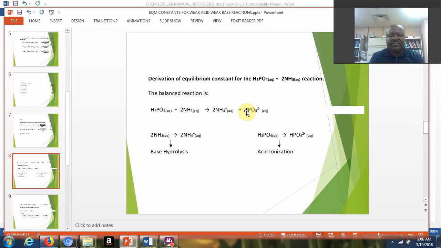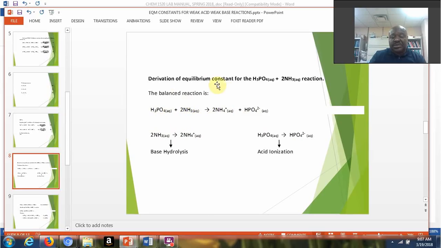Let me say that again. Whenever you're going down in the number of H's, the ionizable protons, as you go from reactant to product side, that's a Ka, that's an acid behavior. The opposite of that, if you're increasing the H's, that's a Kb.